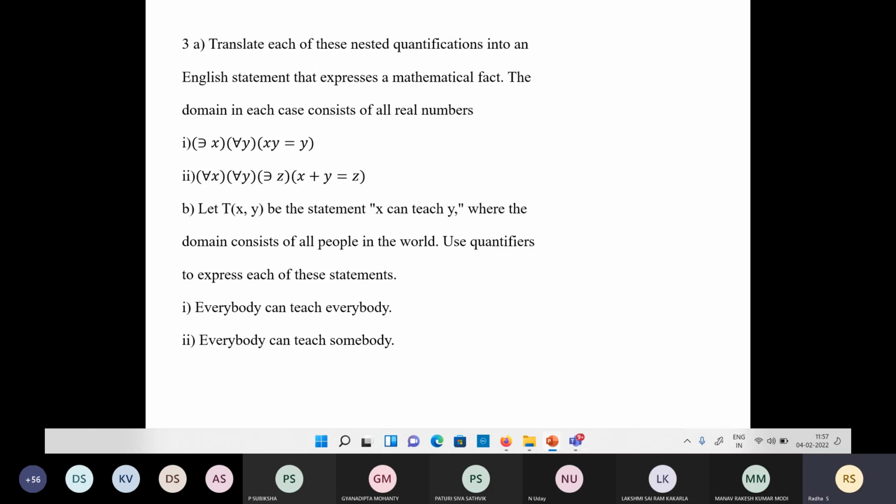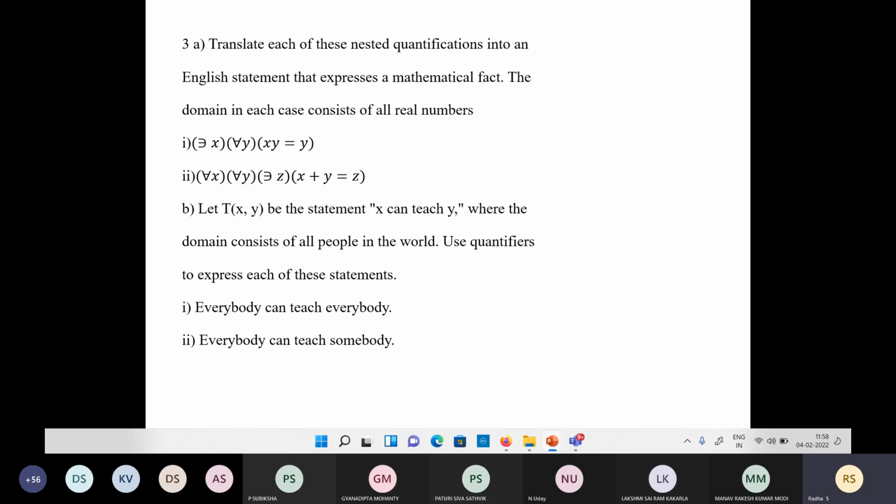Okay, so there exists a real number x, such that, can you please say it now? Start like that. There exists a real number x such that when it is multiplied by any real number, it gives back the real number itself.